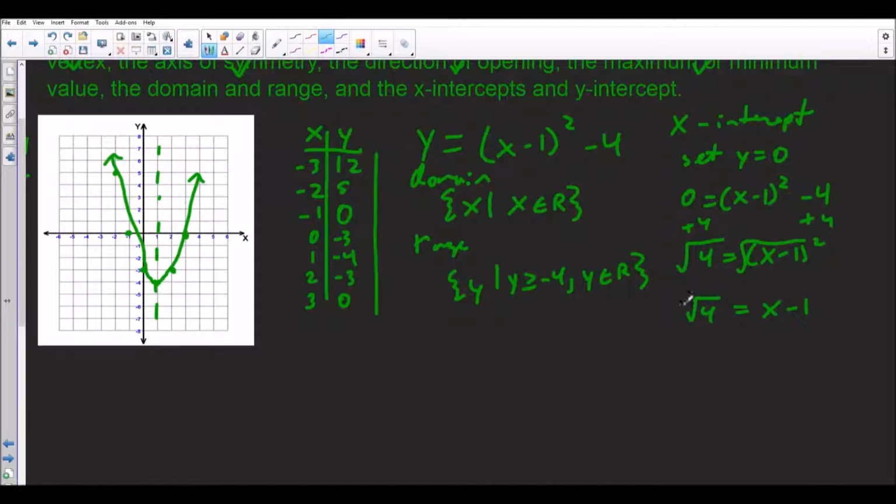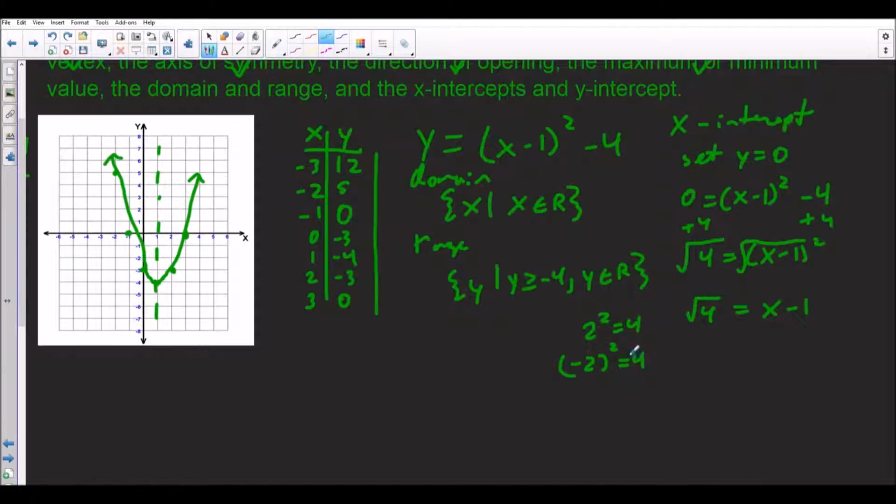Now, something we need to talk about is this here. Before in the course, whenever we square rooted anything, we would just say, okay, that's equal to 2. But we know that 2 squared is equal to 4, right? What about negative 2 squared? That's equal to 4 as well.